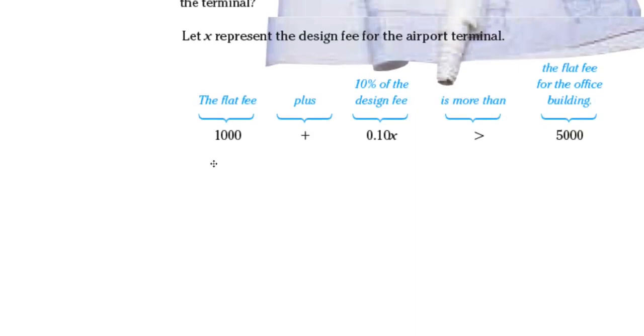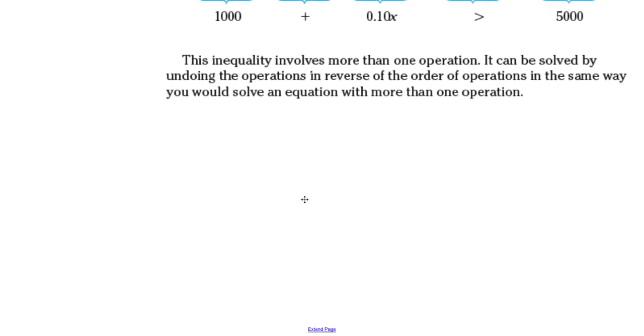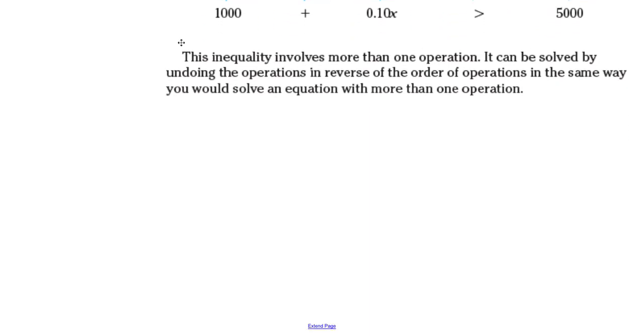So we want to solve this inequality, and if you notice, this is not a one-step inequality anymore. This inequality involves more than one operation. It can be solved by undoing the operations in reverse of the order of operations, in the same way you would solve an equation with more than one operation.